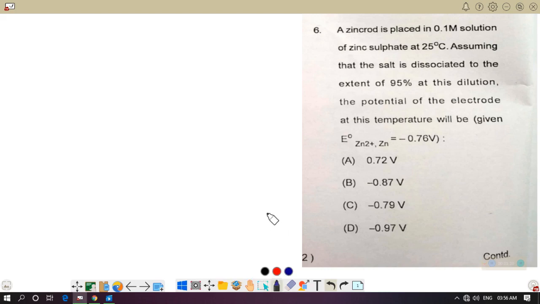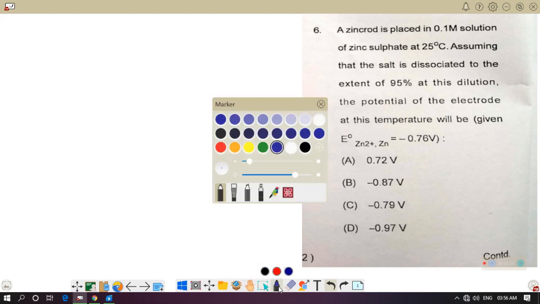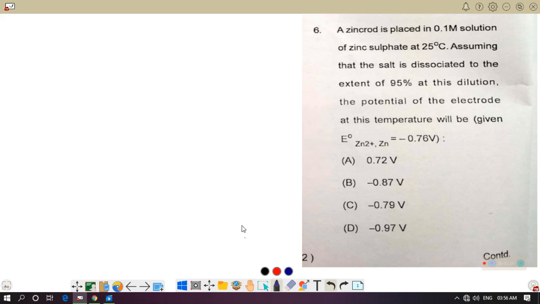The basic formula used in electrochemistry is that in a full cell reaction, when both reduction potentials are given, we use E cell is equal to E cathode minus E anode.